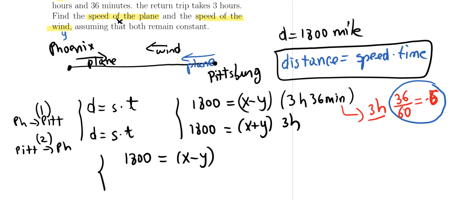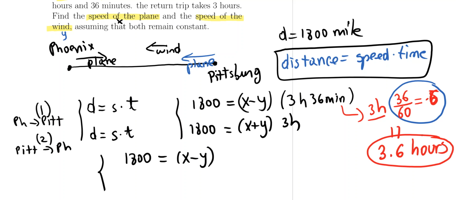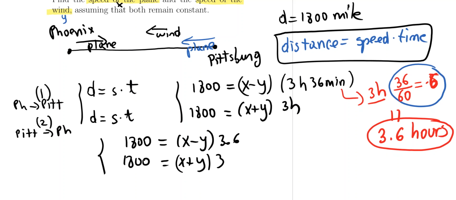So 3 hours and 36 minutes means 3.6 hours. So that's what we're going to have in here, times 3.6. And then for the second equation, x plus y times 3. So solve this system now.